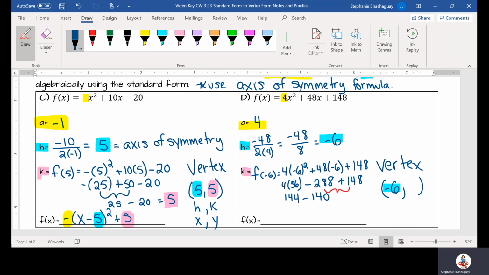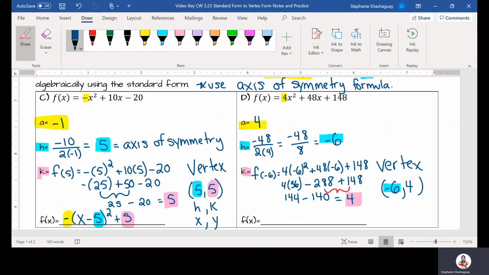And then 144 minus 140 is going to equal 4. I'm going to run out of space, so I'm just going to write that over here. So that is the k, or my y value in my vertex.